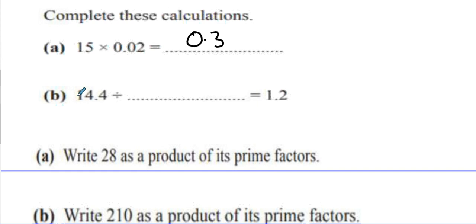We have 14.4 divided by a certain number equals 1.2. The number you don't know, treat that number as a letter, call it x, for example, and the equation becomes 14.4 divided by x equals 1.2.